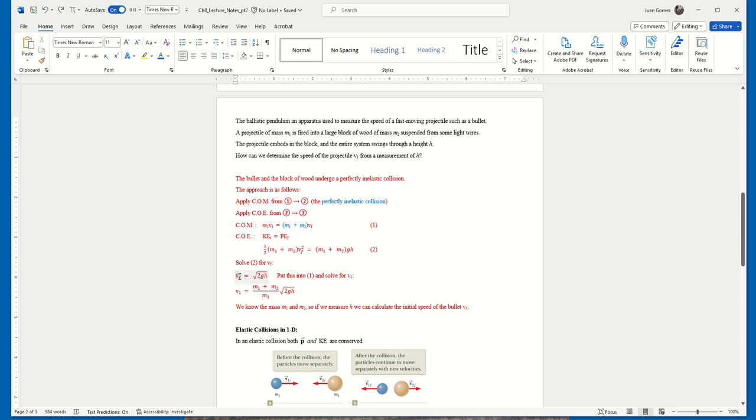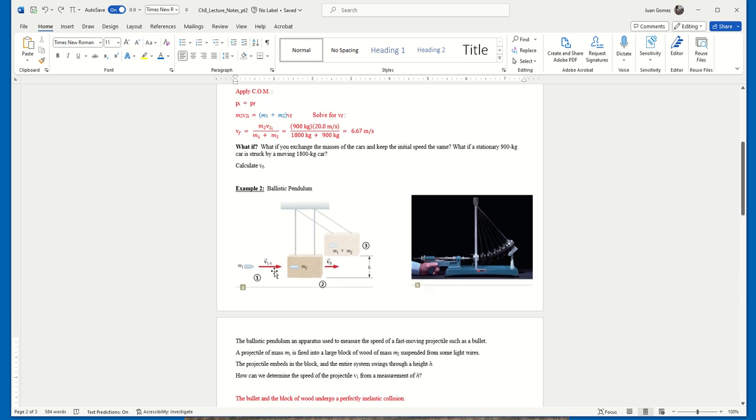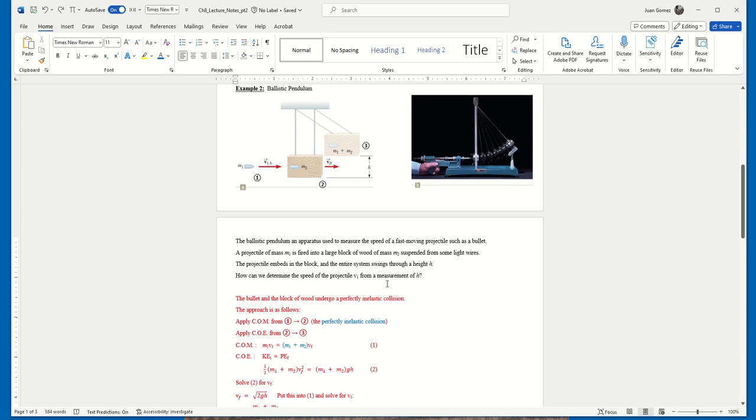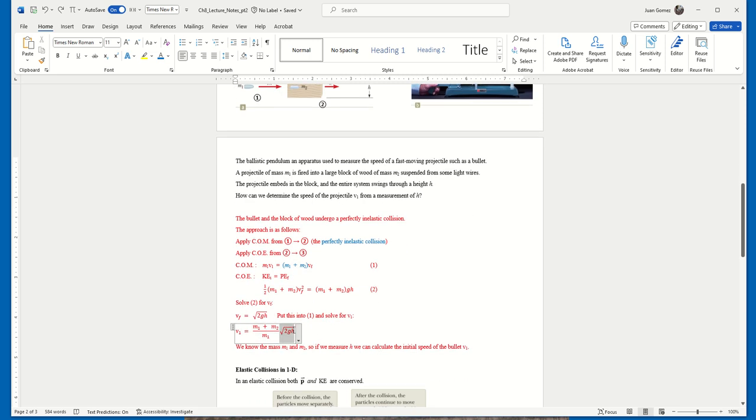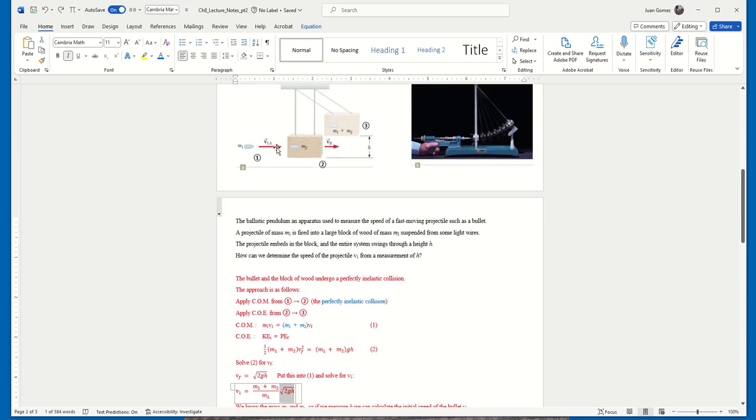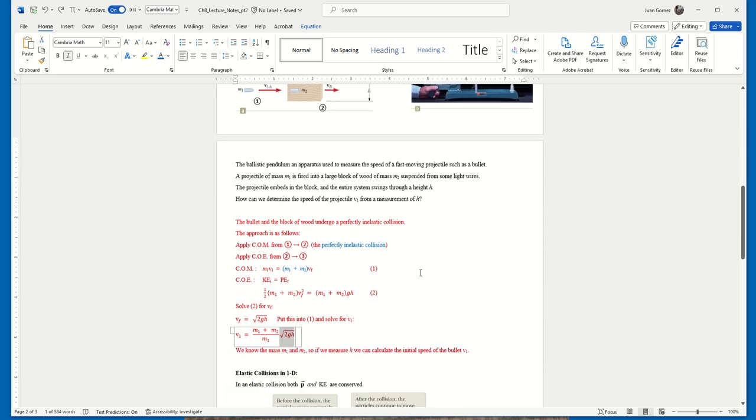And you get v1 is equal to (m1 plus m2) over m1 times root 2gh. So if you know the two masses, which you can get by weighing them, and if you know the height, then you can get v1, the initial speed of the bullet, right before it hits the block.